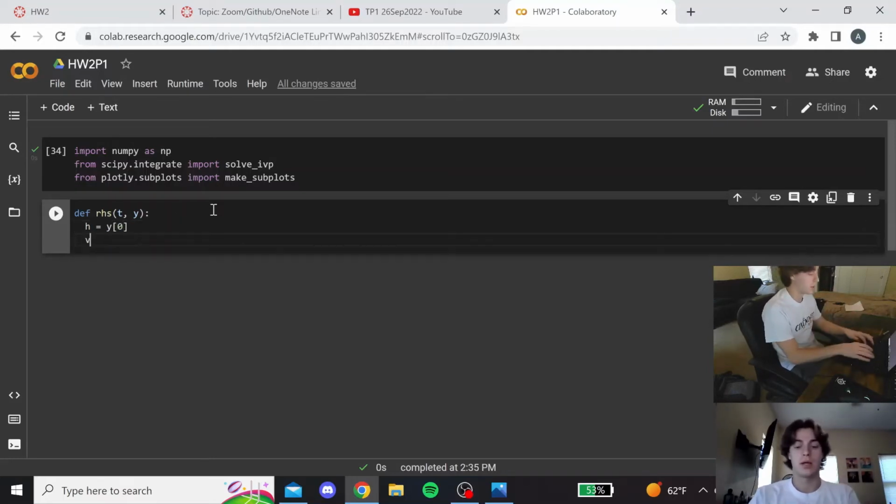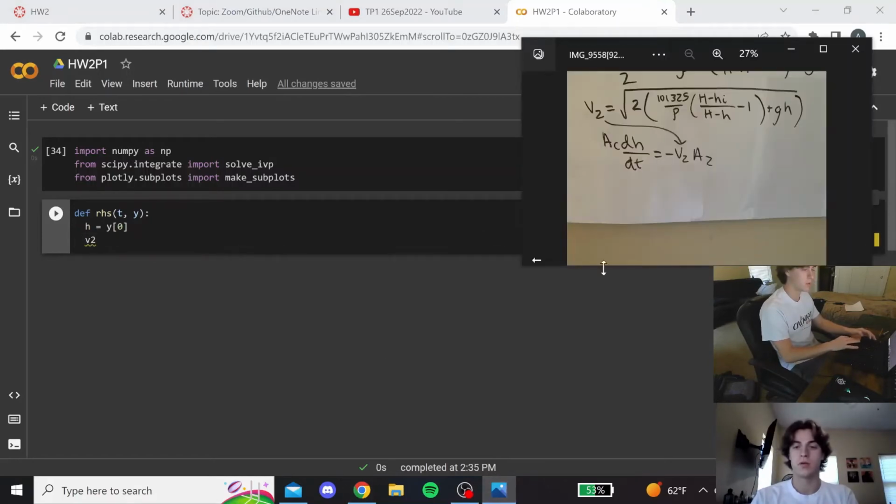Then we can calculate V2 using this equation here.